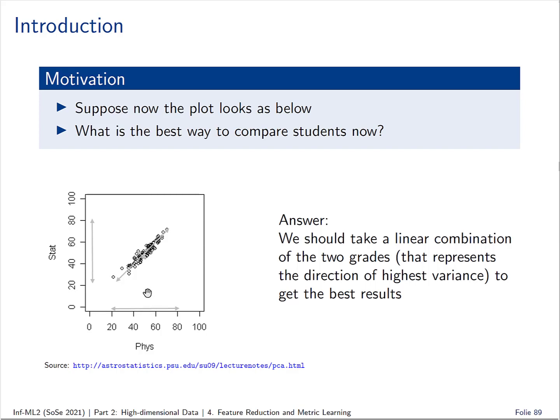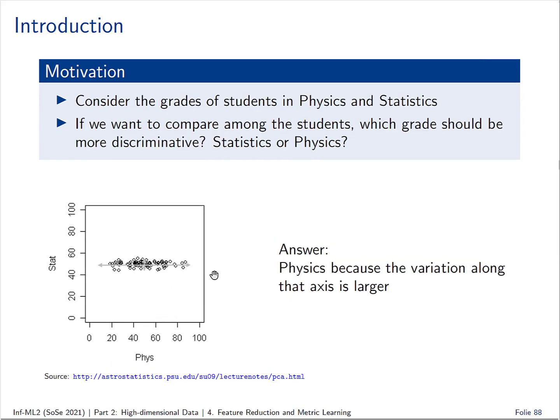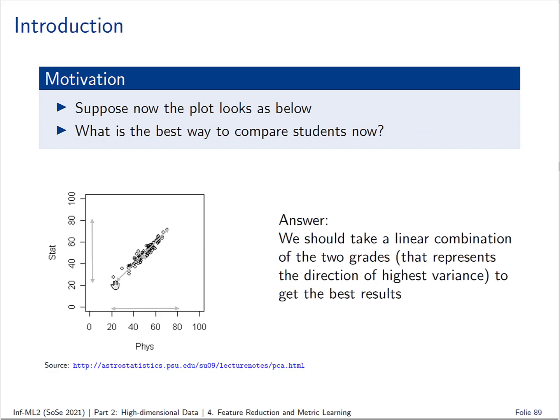Considering the ideas from above, it's even better than just looking at statistics or just looking at physics. We could even look at this specific direction here, which is a linear combination of statistics and physics.